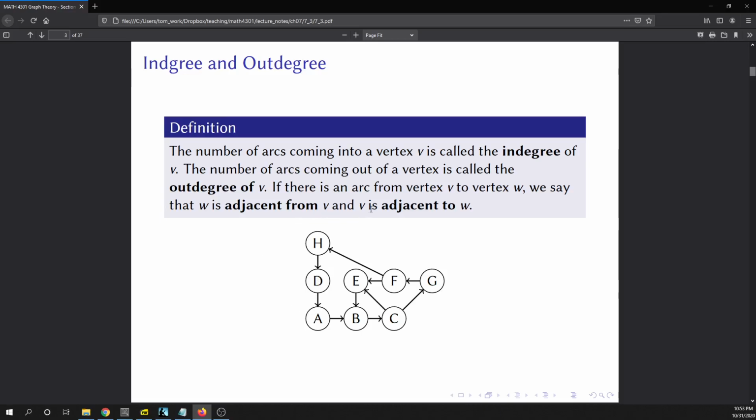And then, in the same situation, when I have an arc going from vertex V to a vertex W, we can say that V is adjacent to W. So in this case, D is adjacent to A because the arc is pointing this way. But A is not adjacent to D. It is adjacent from D. Okay? So you have to make that distinction when we're talking about directed graphs.